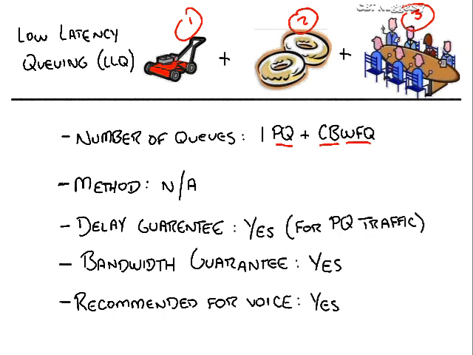Here's how it works. We have now combined priority queuing into the mix of all the queuing methods. That will be the one that we use for our voice traffic. We can say, you know what? Voice is going to be the one that ends up in the priority queue. Now you might be thinking, well, wait a sec. If I remember correctly, priority queuing had the negative of starving out the rest of the network.